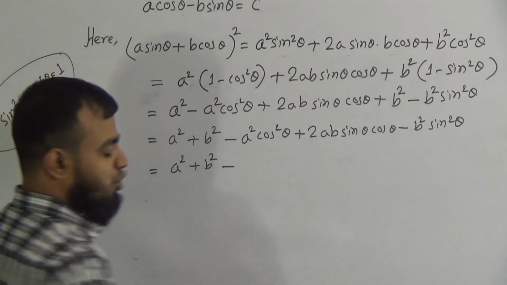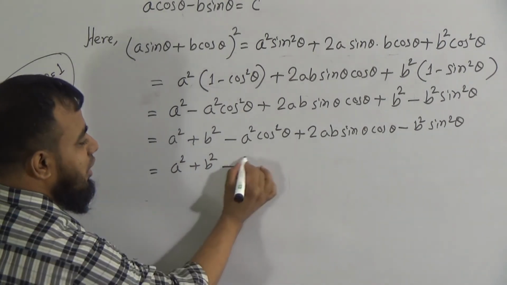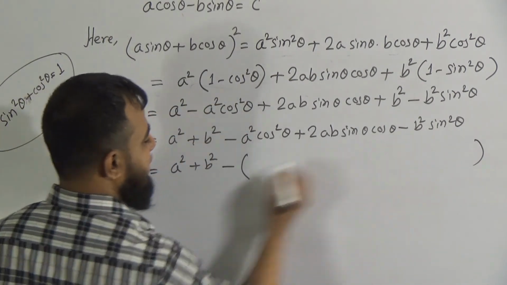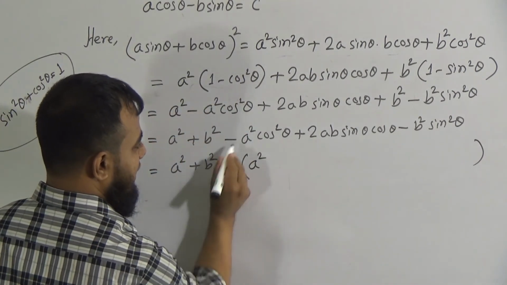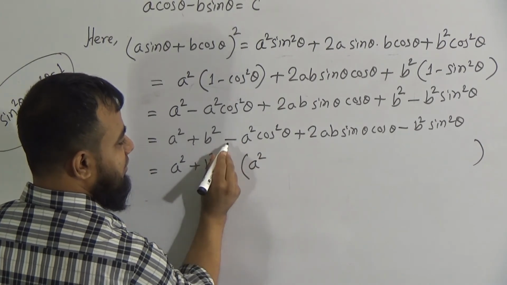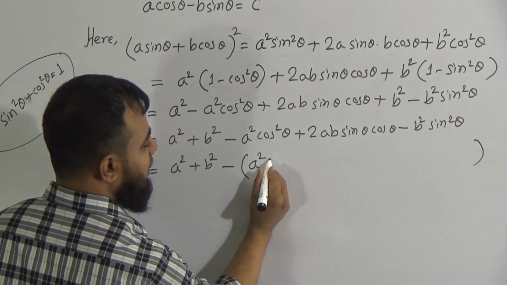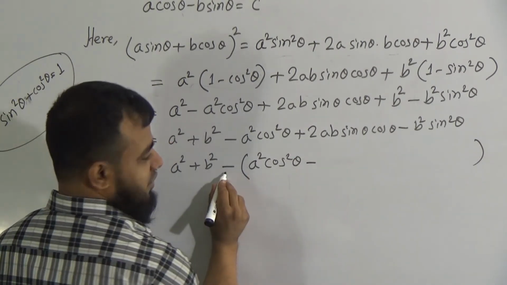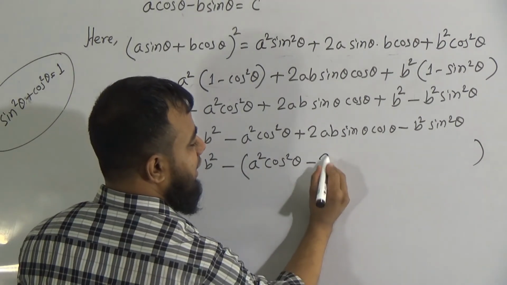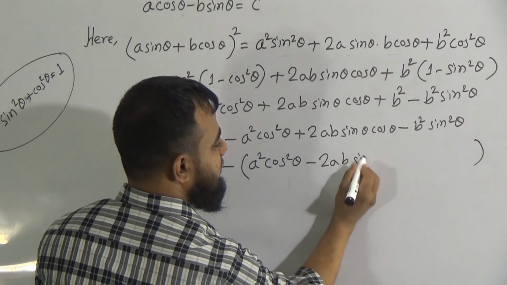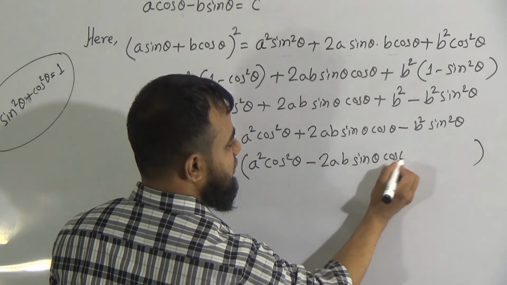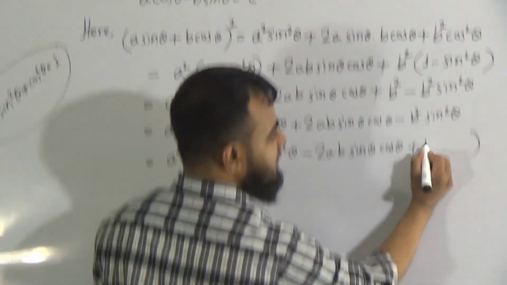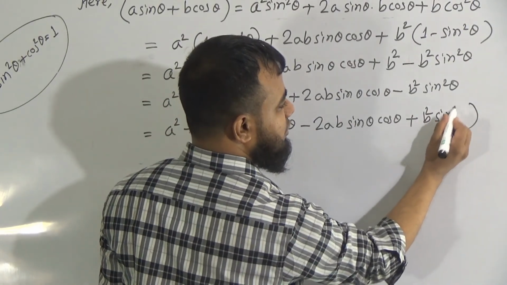Take the minus sign as common, we will take a bracket. All the signs will be changed. It will be a square cos square theta, which had a minus sign, so it will be plus sign. Then minus twice ab sin theta cos theta, it will be plus sign because we have taken the minus sign as common, then plus b square sin square theta.